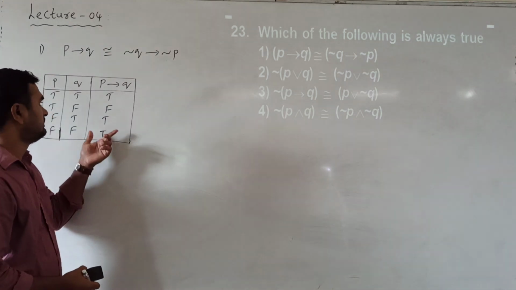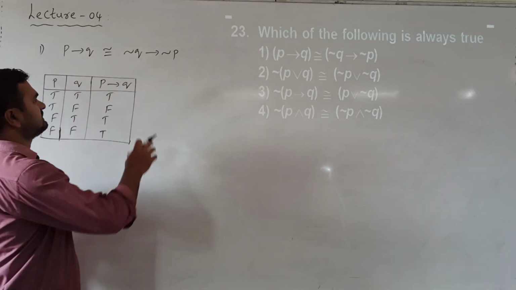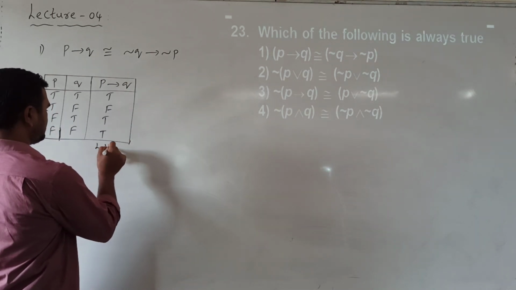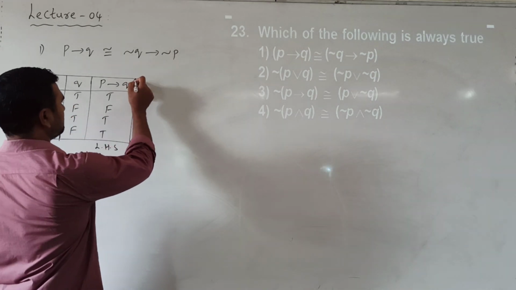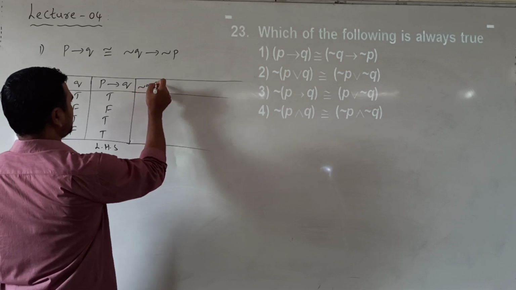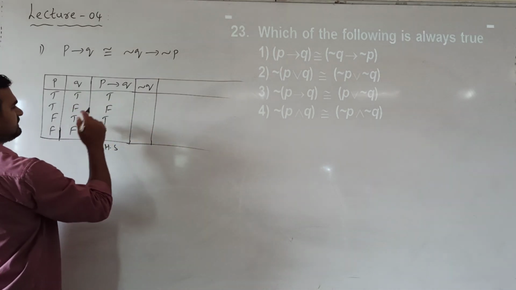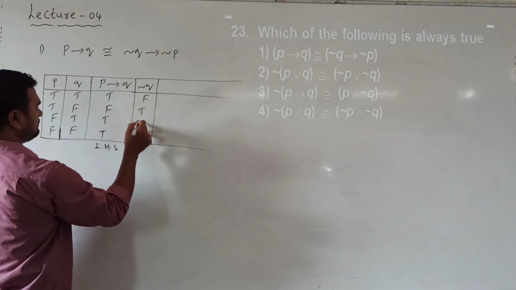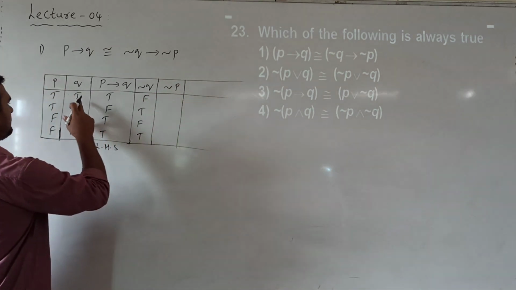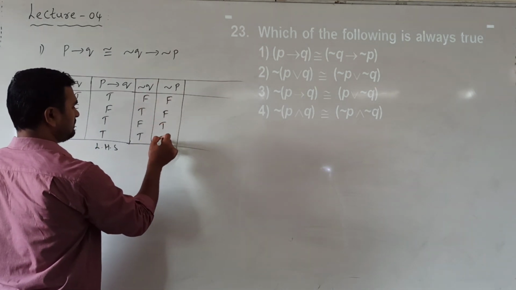This is the left hand side, P implies Q. Now we find the right hand side, negation Q implies negation P. Already we know P and Q. So let us find negation Q first: false, true, false, true. Negation of P: false, false, true, true.